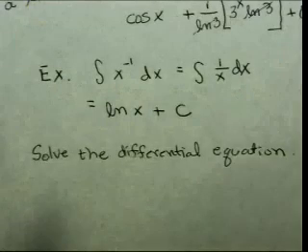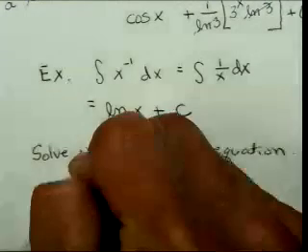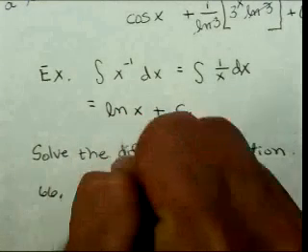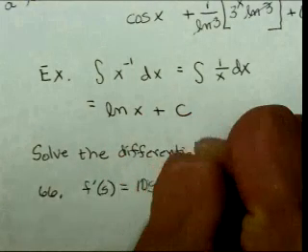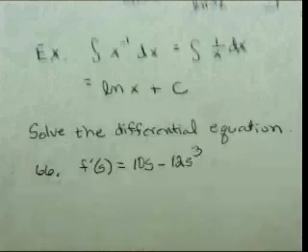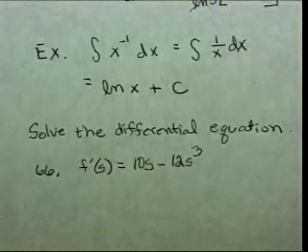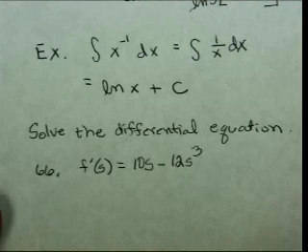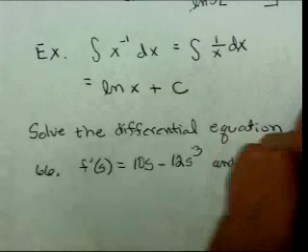On number 66, not only are we given the differential equation f prime of s equals 10s minus 12s cubed. That's a differential equation because we're given an equation involving a derivative, but we're also told that f of 3 equals 2.